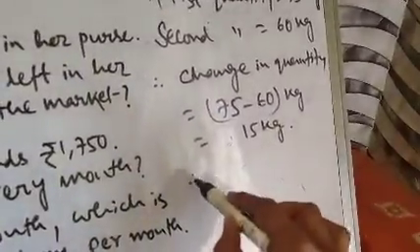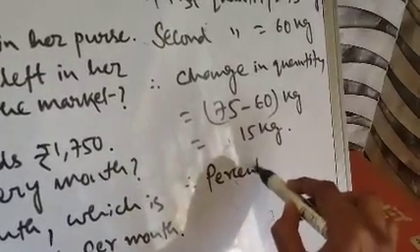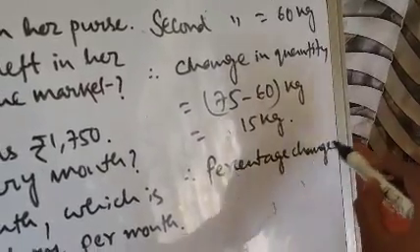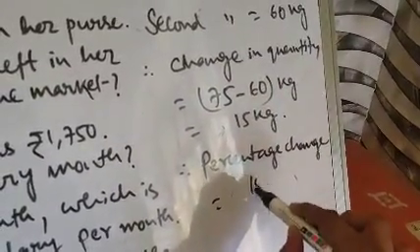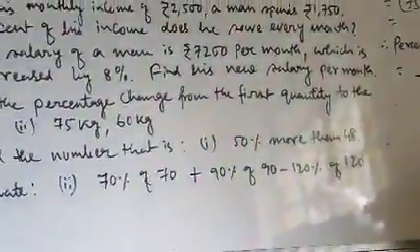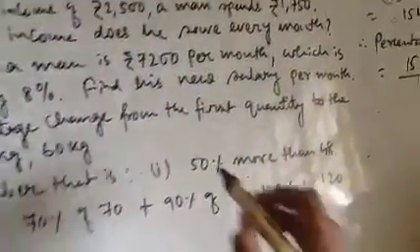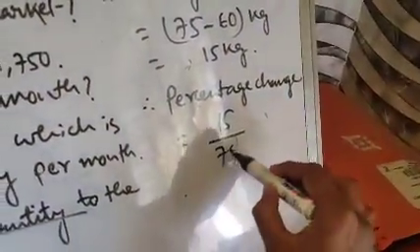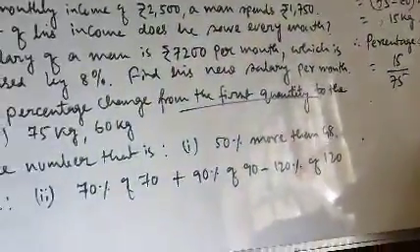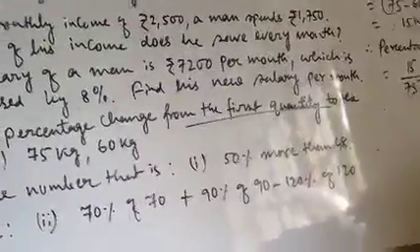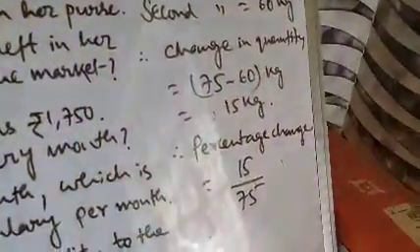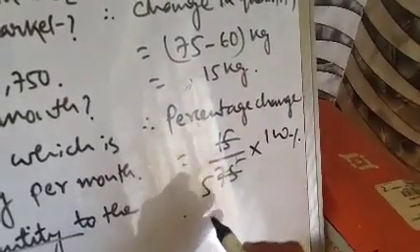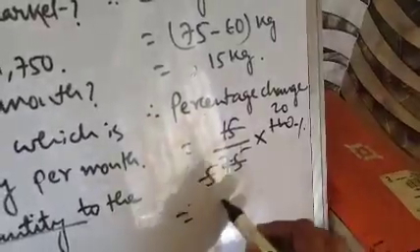So the percentage change will be 15 kg divided by the first quantity, because we have to calculate the percentage change from the first quantity. So the first quantity will be in the denominator, multiplied by 100%. That is the answer. 15 5s are 75, 5 20s are 100. So your answer is 20%.